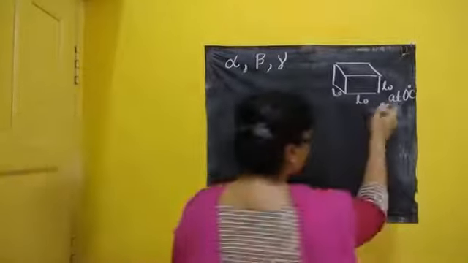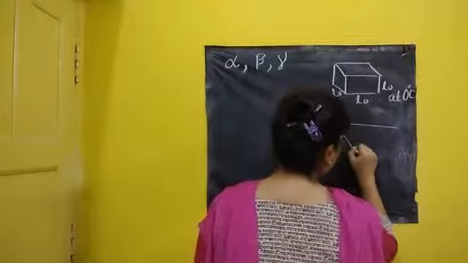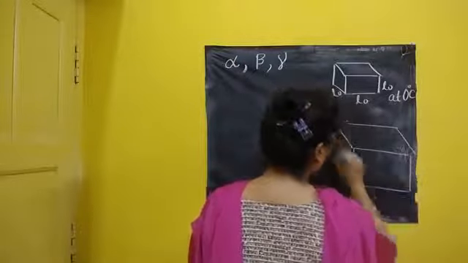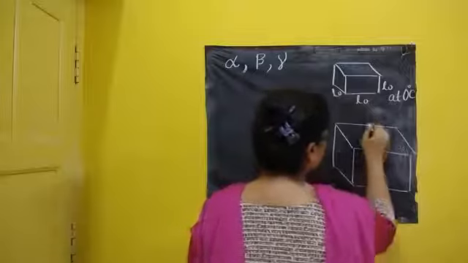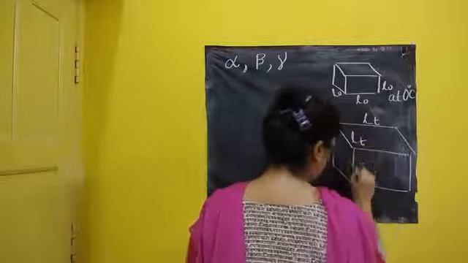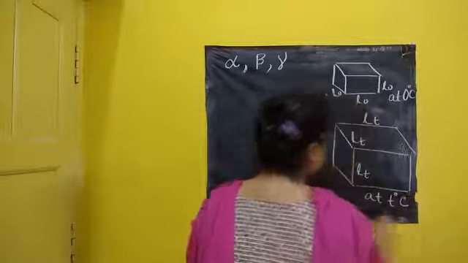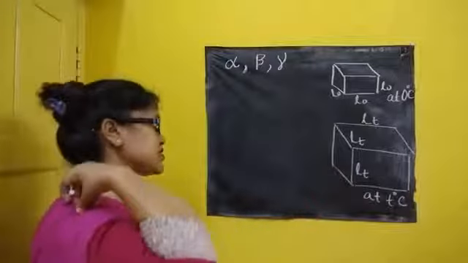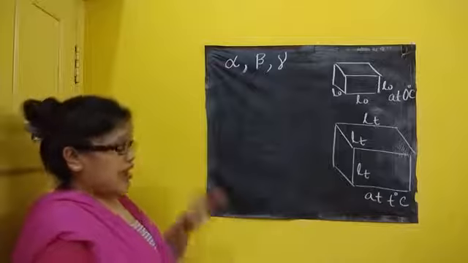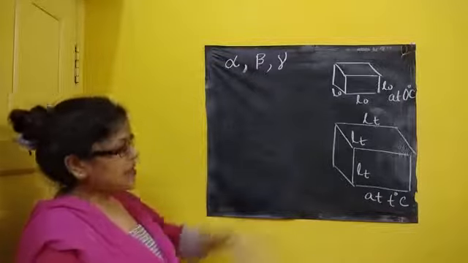So at T degree Celsius, suppose the cube looks like this, whose length is now LT, breadth is also LT and height is also LT.